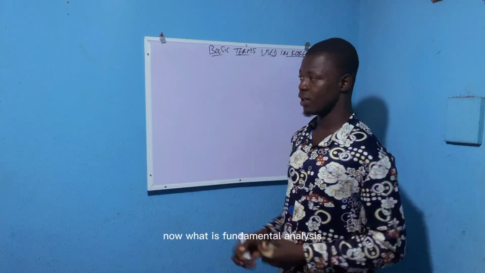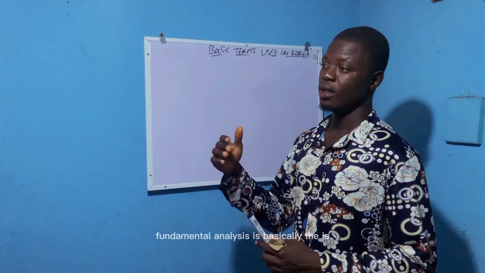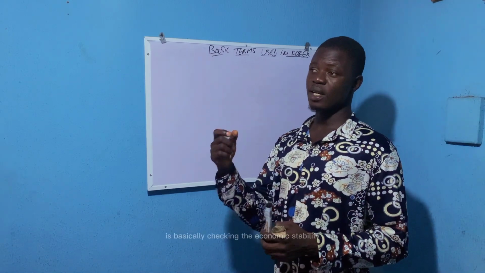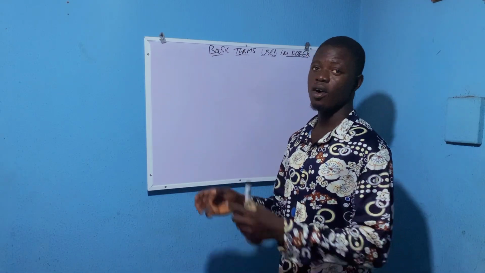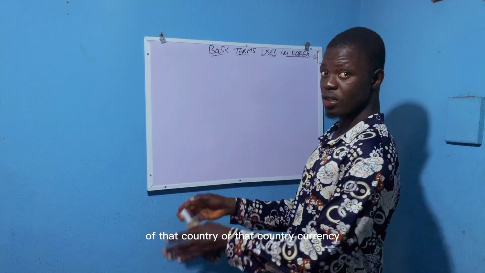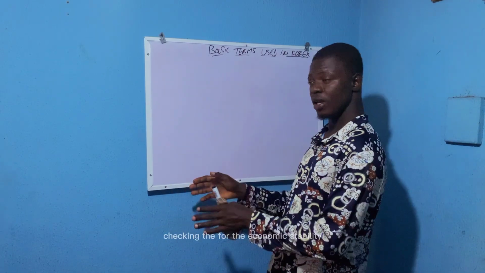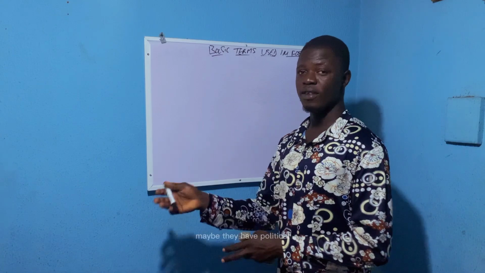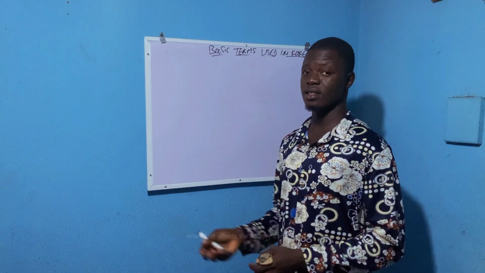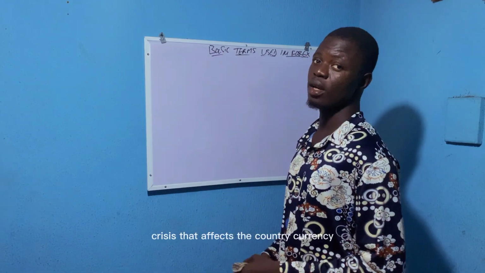Now what is fundamental analysis? Fundamental analysis is basically checking the economic stability of the country whose currency you want to trade. Maybe if they have a political crisis, it can affect the country's currency.